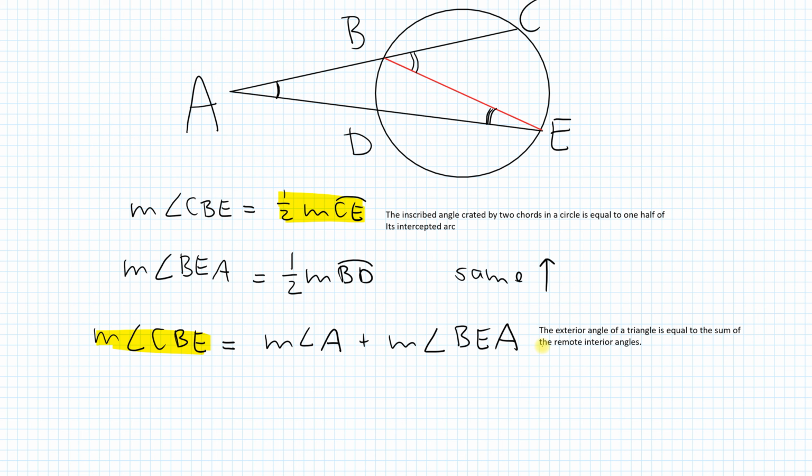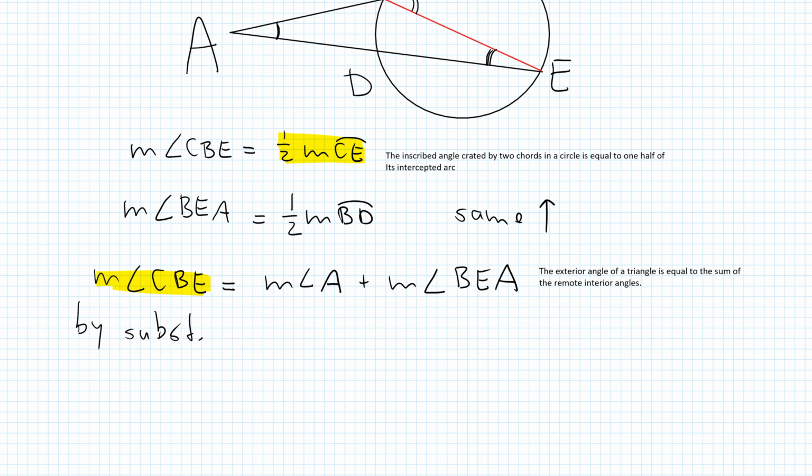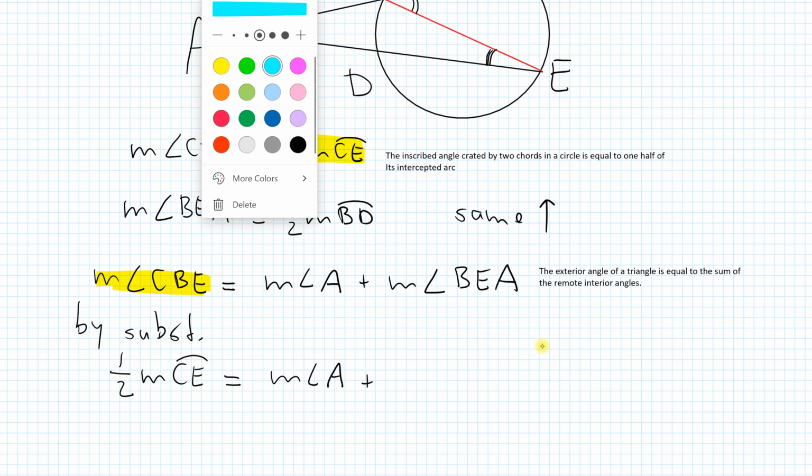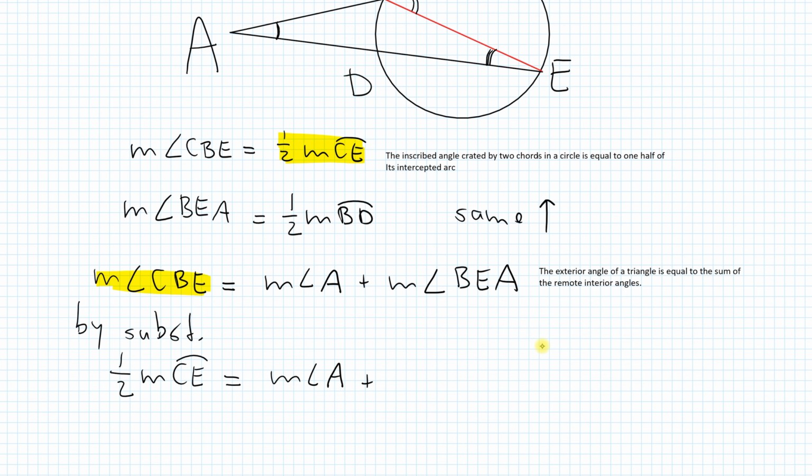So what we can do here is substitute. So by substitution, we can write that 1/2 measure of arc CE is equal to measure of angle A plus, and by substitution, we can say that measure of angle BEA, this one, is equal to 1/2 measure of arc BD, okay?